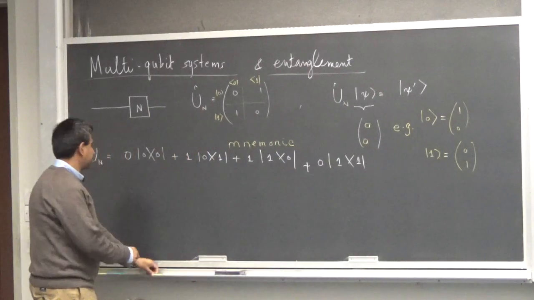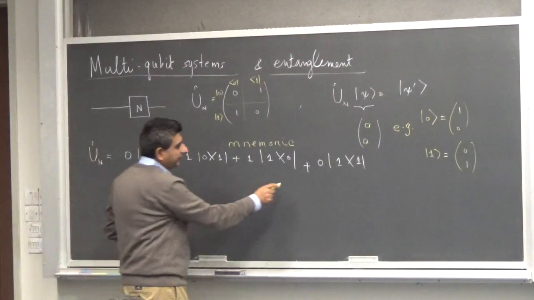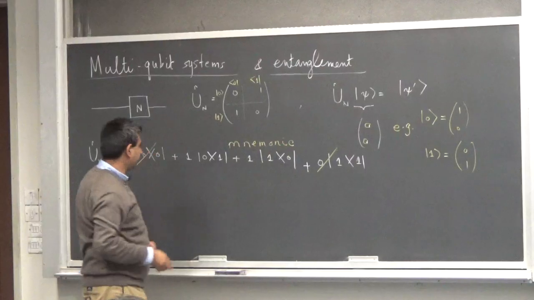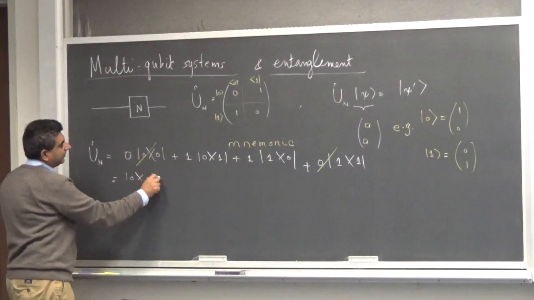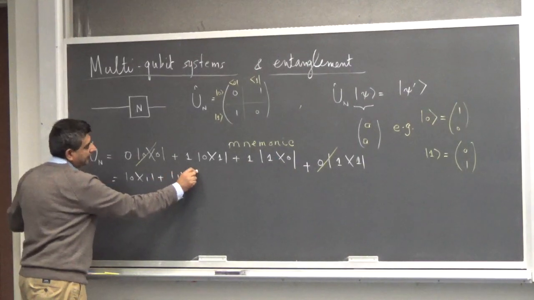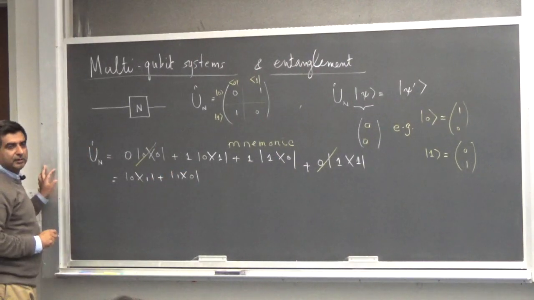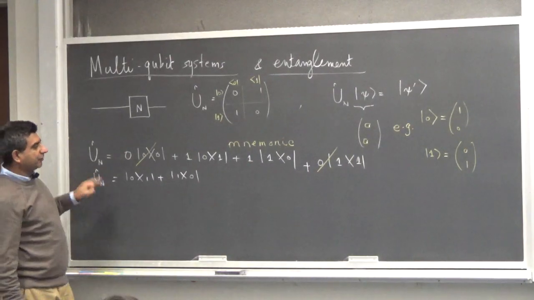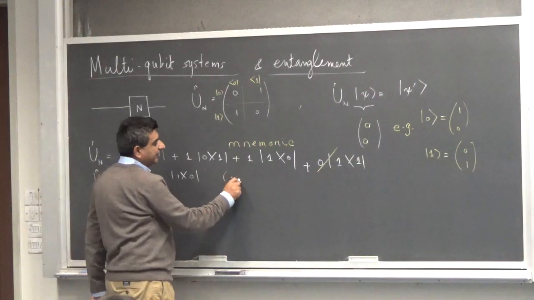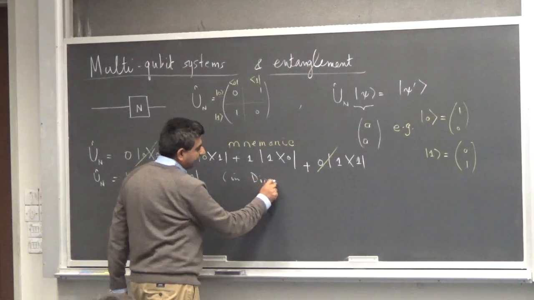Now these terms just wither away because they are 0 being multiplied by something, and we are left with ket 0 bra 1 plus ket 1 bra 0. So this is the unitary matrix corresponding to a NOT gate written in Dirac notation.